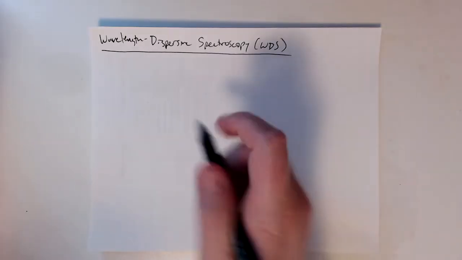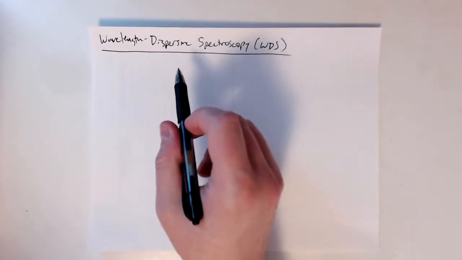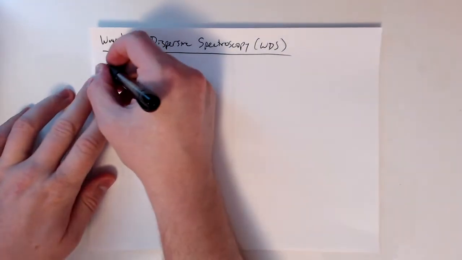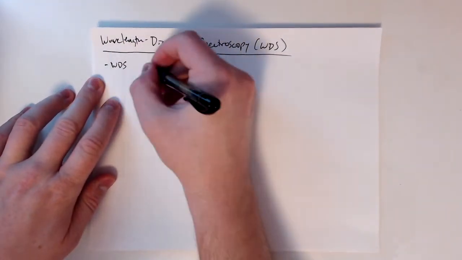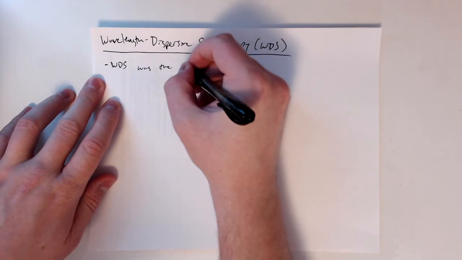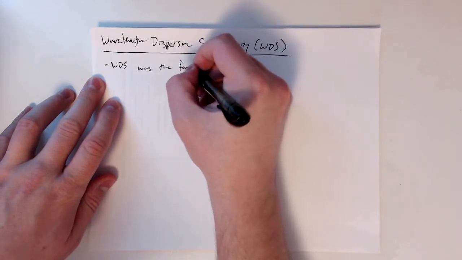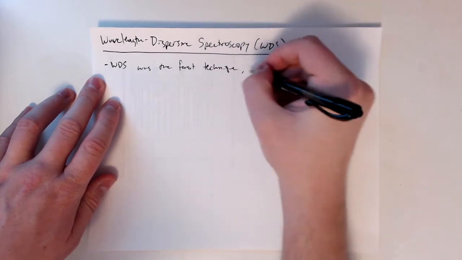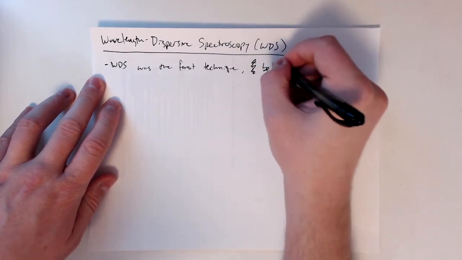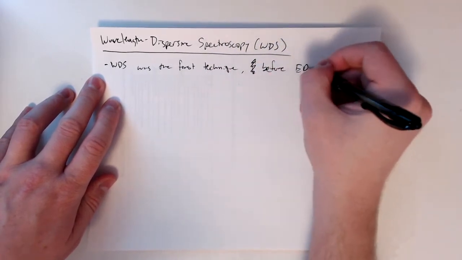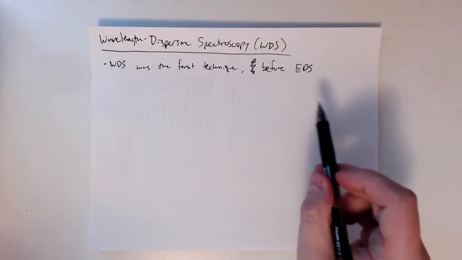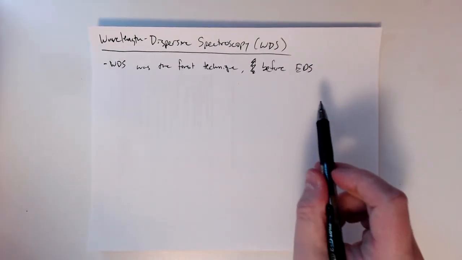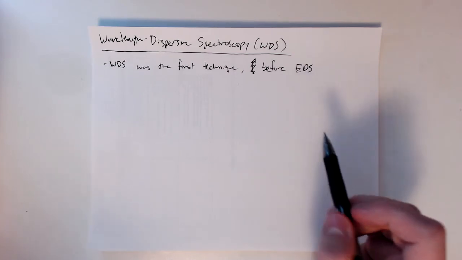All right, so let's go into a little bit more detail on WDS. Chronologically, WDS was the first technique, and that was before EDS. So EDS has surpassed it in terms of how common it is, but WDS was actually the first one.